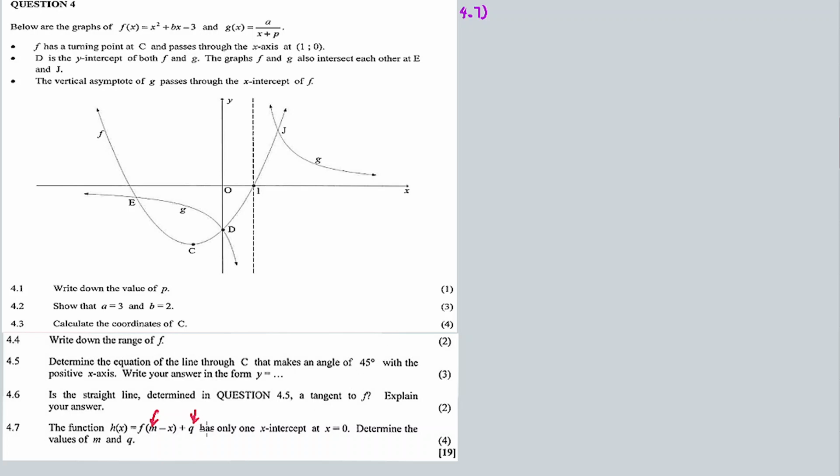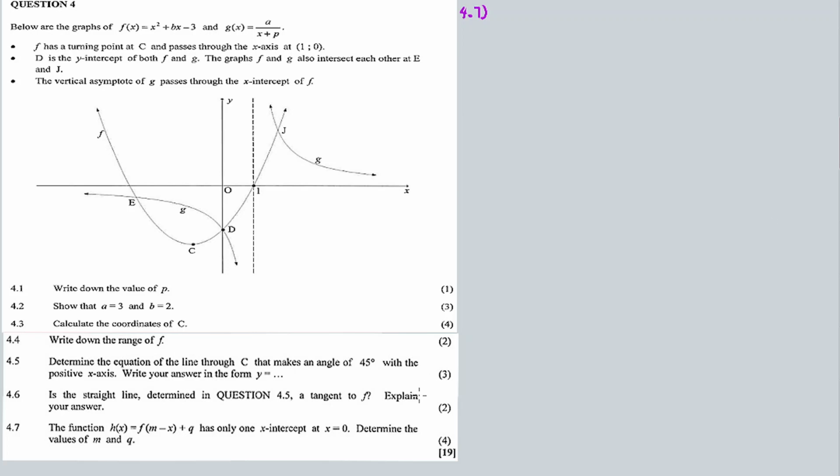In other words, h is derived from function f. So we have to understand what transformation happened from function f to h. So let us look at function f.